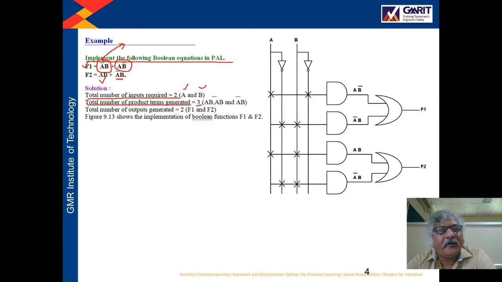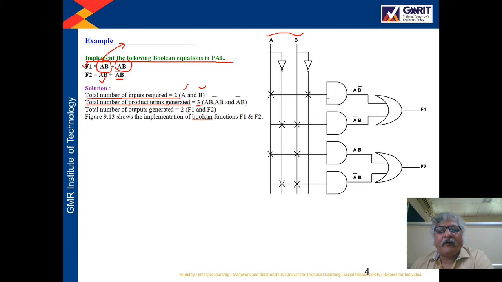The same product term already generated by one AND gate can be utilized in the OR section also, which is again programmable. But in PAL, though the product terms are the same in the F1 and F2 expressions, we need four different AND gates. You see here, these are the inputs A and B. These are the four AND gates, right?